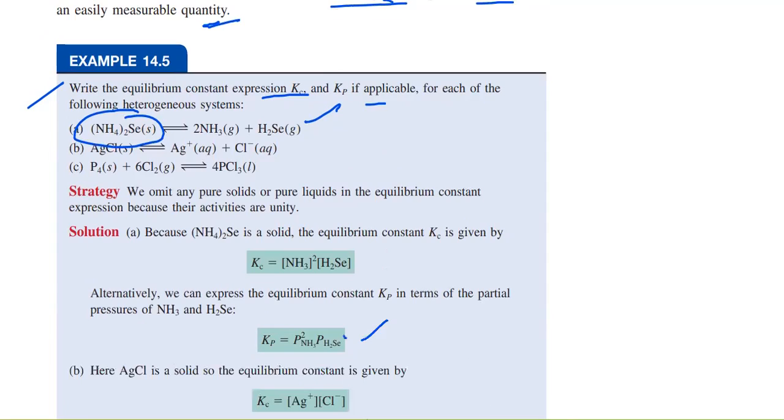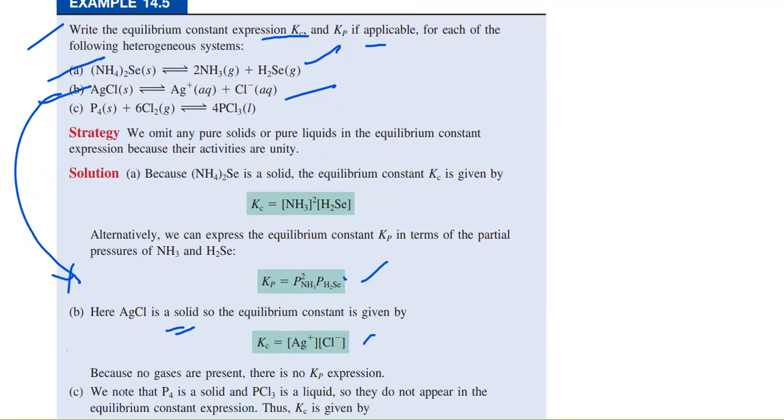Now for the second expression, AgCl is given as a solid, so the equilibrium constant can be written as Ag plus concentration into Cl minus concentration.